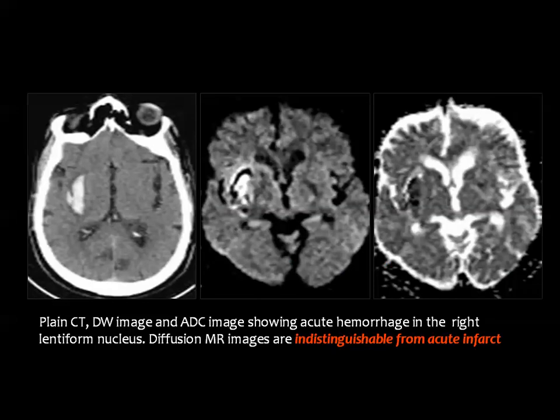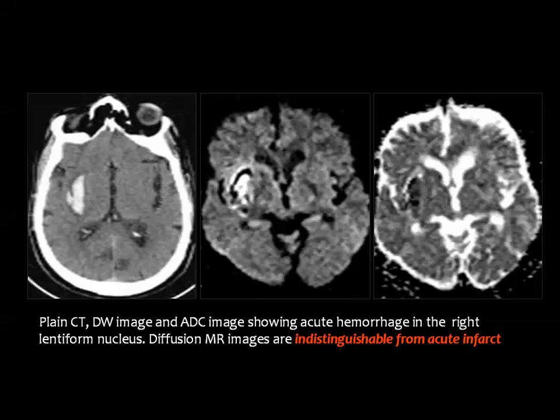And if you look here, this is hemorrhage in the right temporal lobe, then let us forget about this image, and you can see here that there is an area of restricted diffusion, bright in the DWI and dark in the ADC, and you say that this is an infarction.